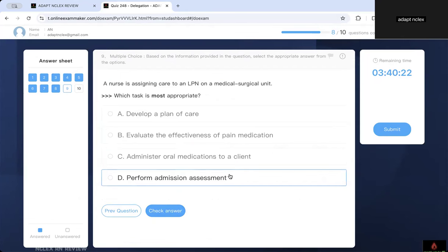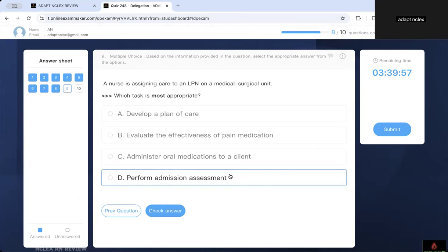A nurse is assigning care to an LPN on the medical surgical unit. I'm trying to give you all angles so that you can be comfortable. Which task is appropriate? Based on the previous answers I gave you, you can see that this becomes easy. Develop a plan: develop, not monitor, not reinforce, no, right? That's not in the language of the LPN.